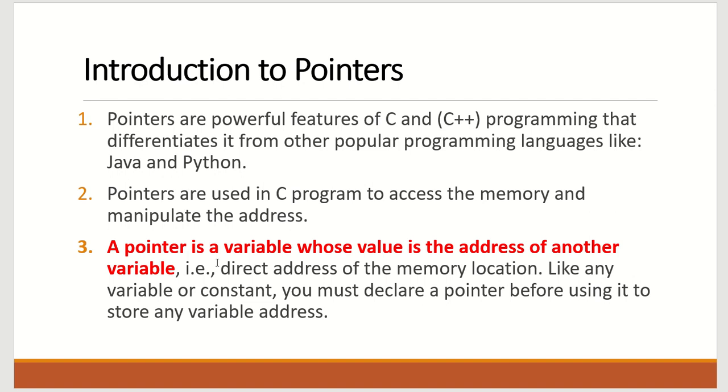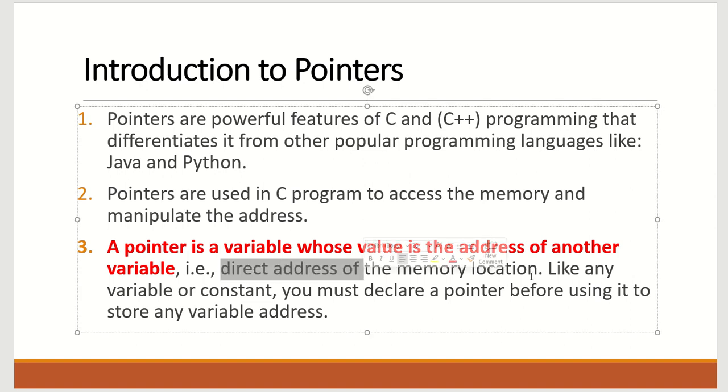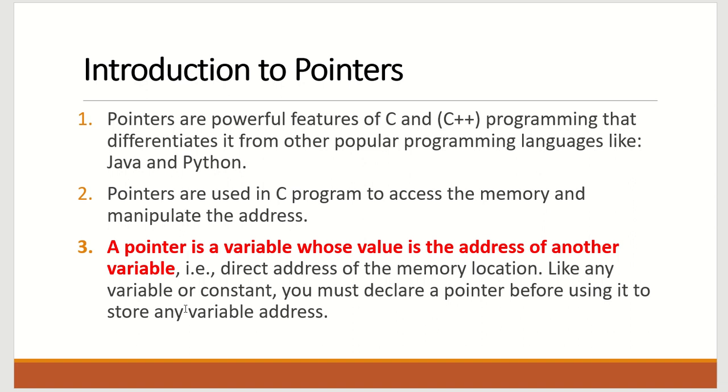But if I have a pointer variable whose name is p, then pointer variable p will be equal to the address of another variable, and that address is the value of that pointer variable. So that is the direct address of a memory location, like any variable or a constant.